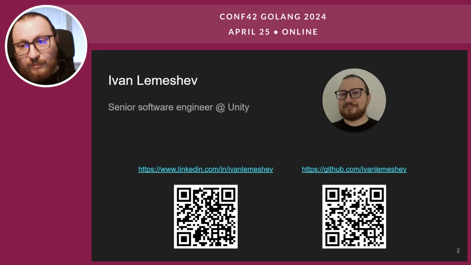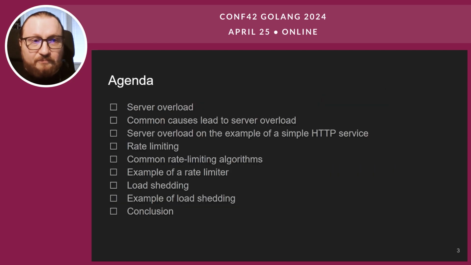To begin with, let's look at the agenda for this talk. First, I will discuss server overload, why it occurs, and how it affects the performance of backend services. I'll give you examples of common causes of server overload, and then I'll show you what it looks like in the example of a simple HTTP service.